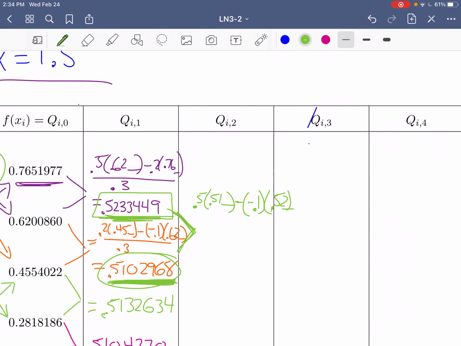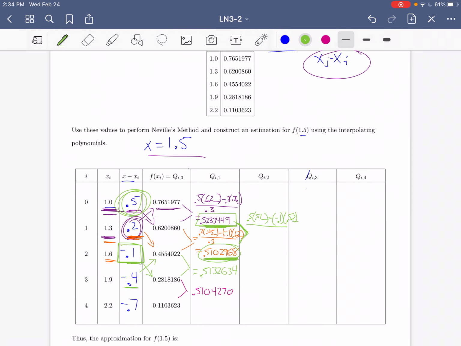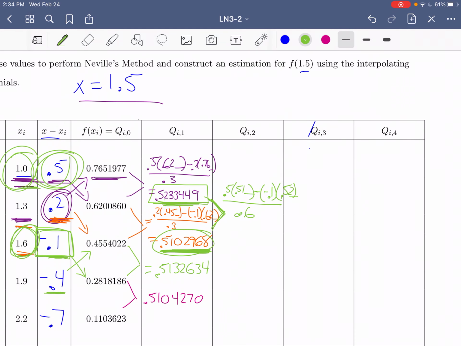Right, this stuff right here. And all of that is the difference between the two nodes on the extreme. Right? So we went from x0 up through x2. And so they're different by 0.6 now. And when you make that approximation, you get something like 0.5124715.